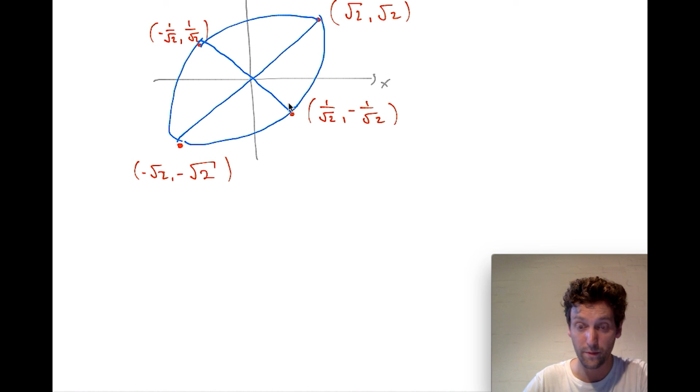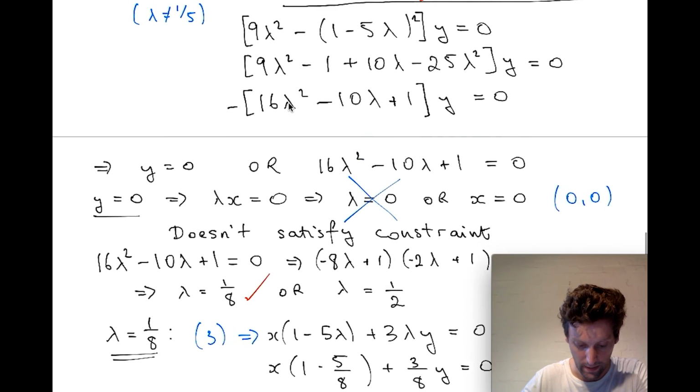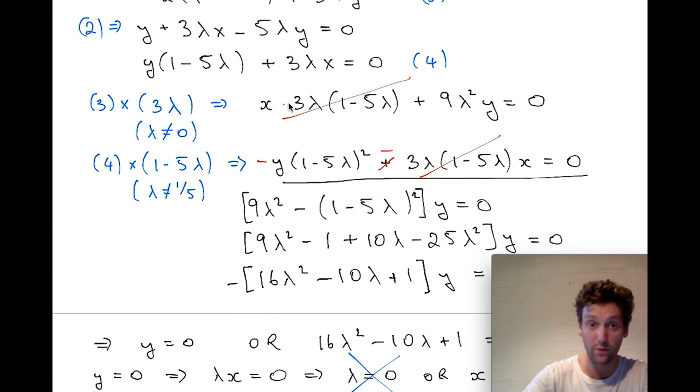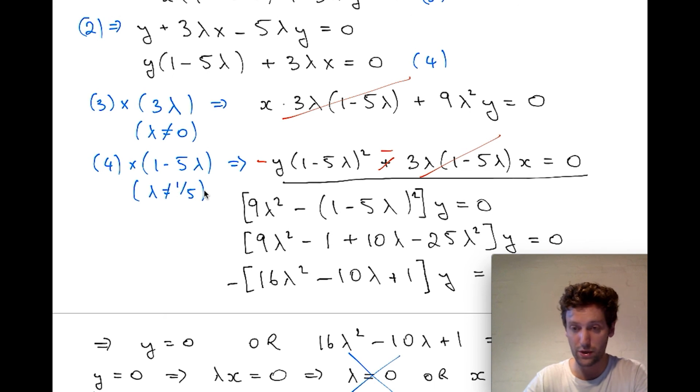Now, before we finished here, we should go back and take a look at that possibility that we kind of ignored for a second back there. We talked about the possibility that lambda was equal to 1/5. So this possibility here. Let's just make sure that we haven't thrown away an important solution there.